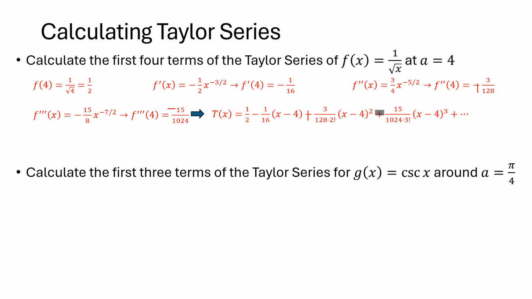And again, it continues. So now simplifying gives what we have here, noting the correction on the plus and minus signs. And so this is the first 4 terms of our Taylor series.